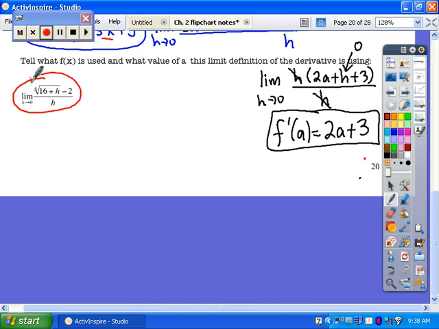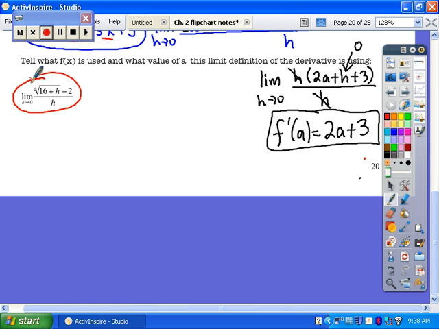They'd say, okay, this is a limit problem. What is that really telling us? If we recognize this format, we can say, well, that's a derivative. It's a derivative of something, and we have to determine then what function that's going to be.